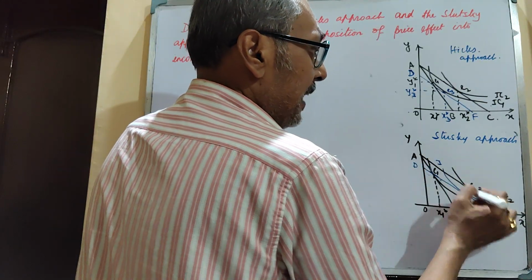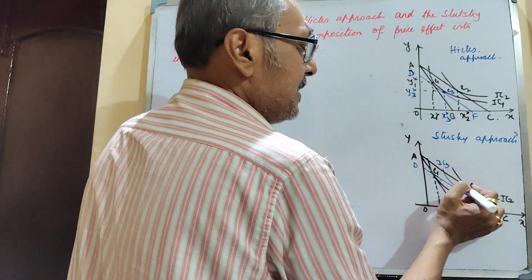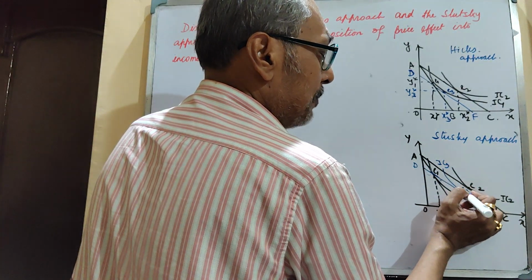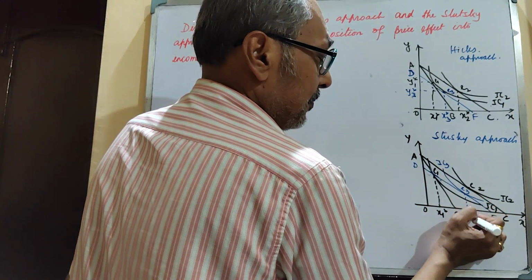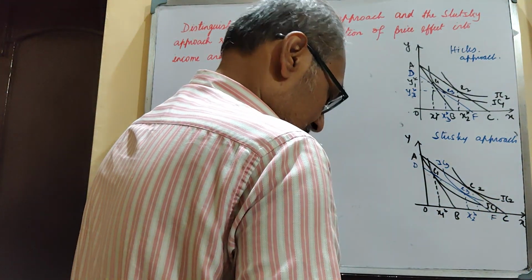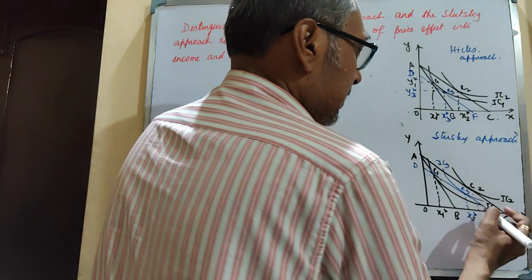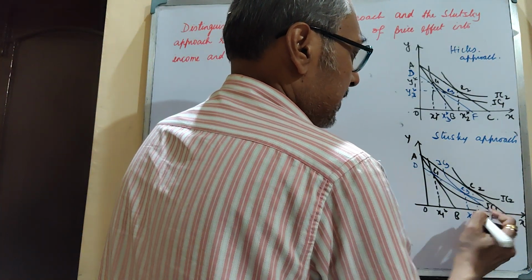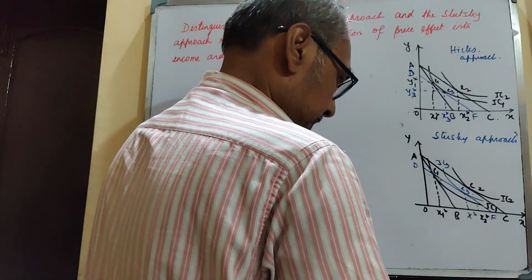This is another IC, called IC3. This is equilibrium point E3. This is our X2 star, and this is X3 star.